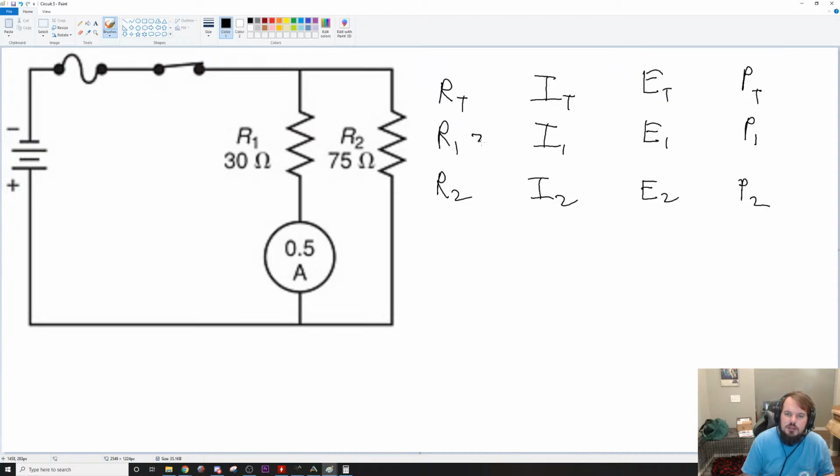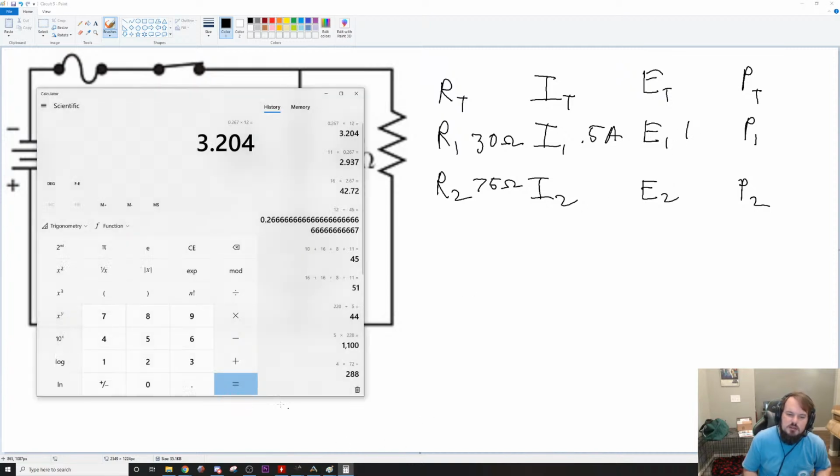So we've got 30 ohms and 75 ohms, and we have 0.5 amps. So our first step, we got two things on a row, so let's do that. 30 times 0.5 is either 15 or 60.